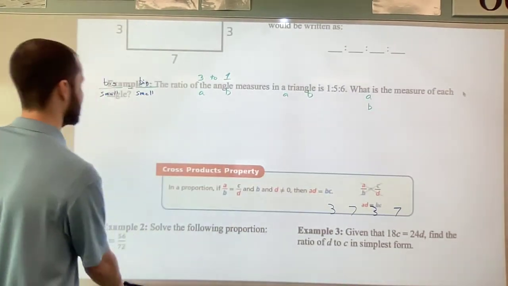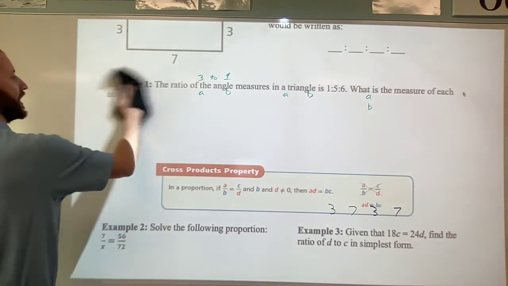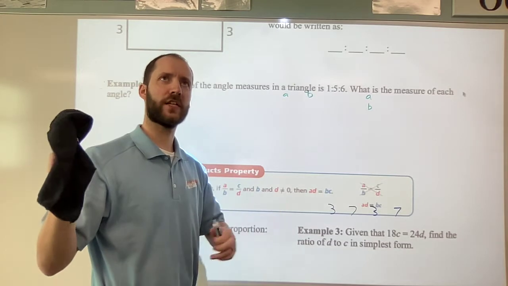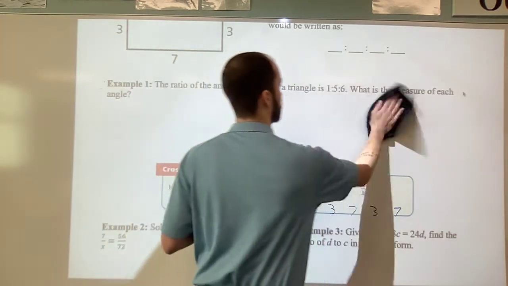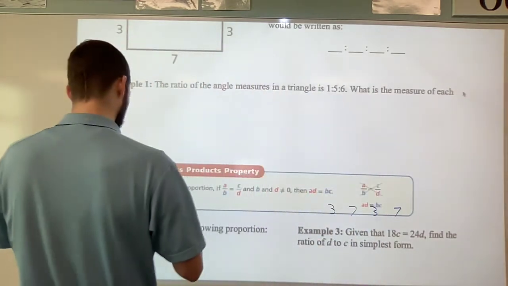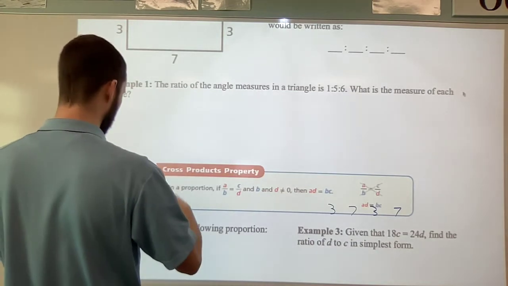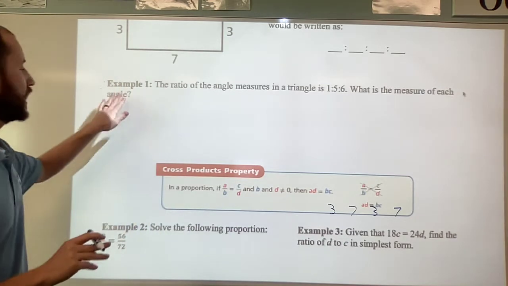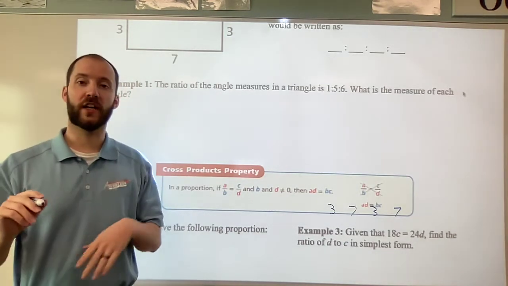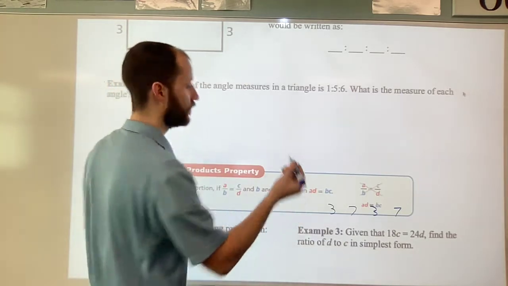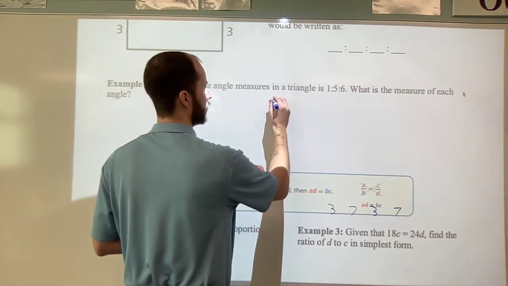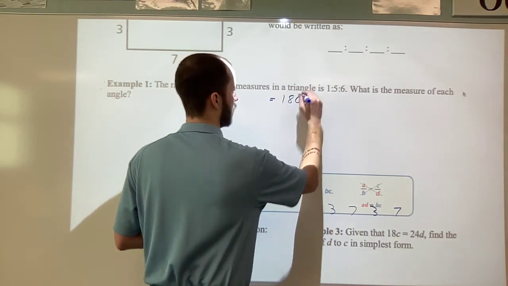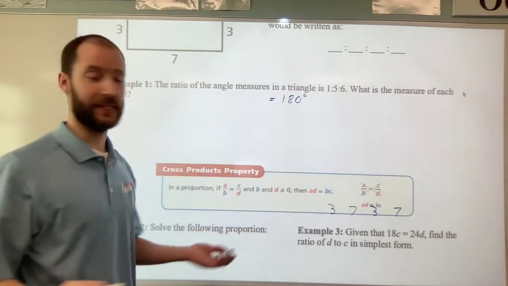A pretty common example, looking at angles of a triangle, and you think about all the things you know about angles in a triangle. The ratio of the angle measures in a triangle is 1 to 5 to 6. What is the measure of each angle? Well, from the Triangle Sum Theorem, you should know that all the angles add up to 180 degrees.